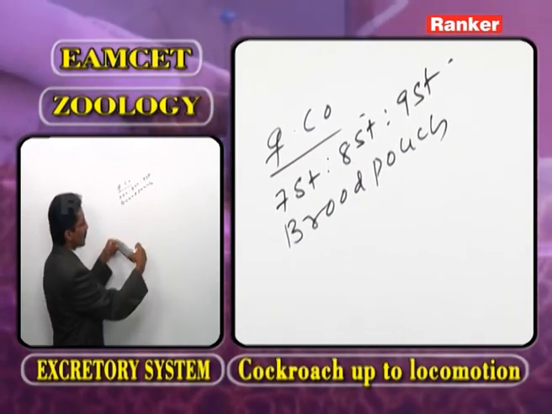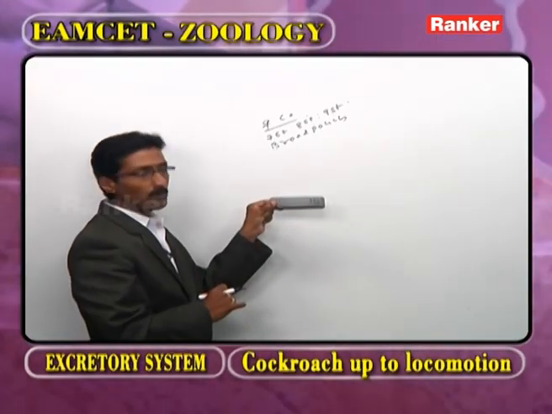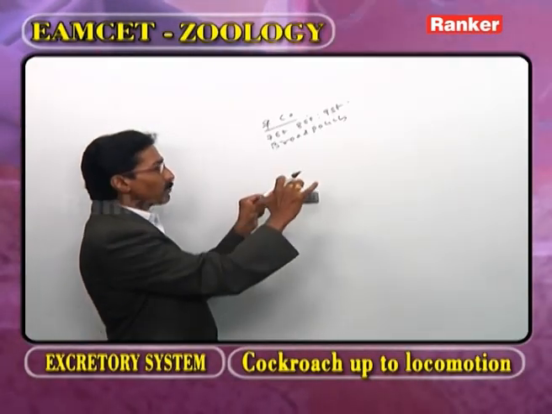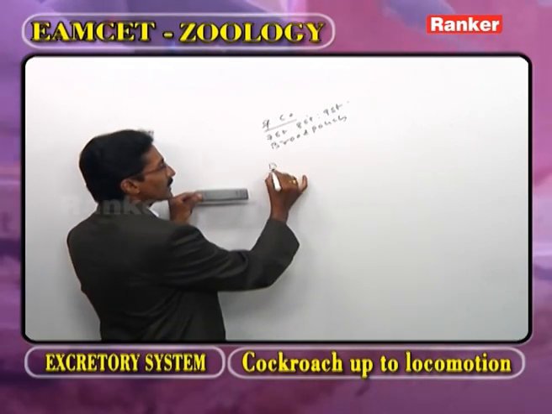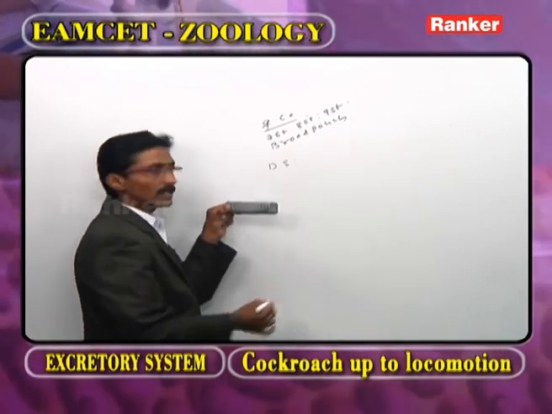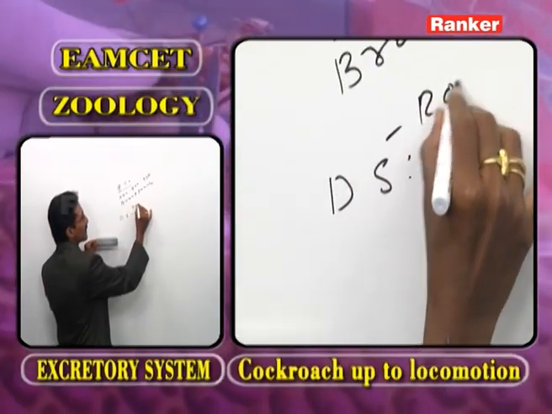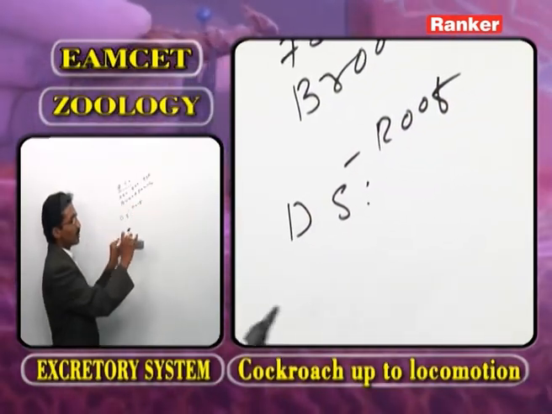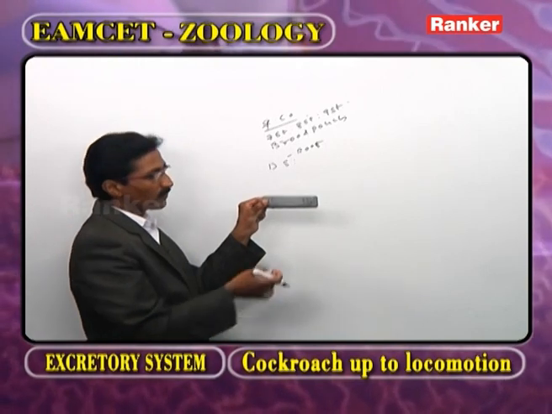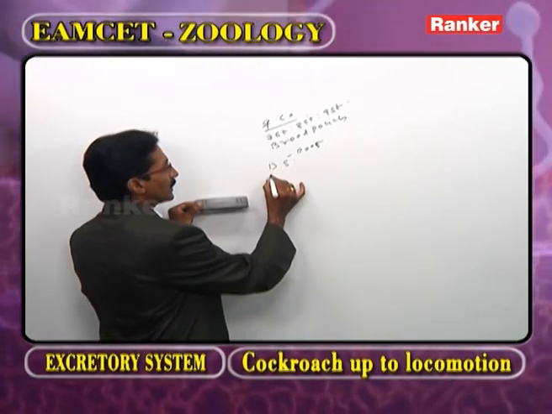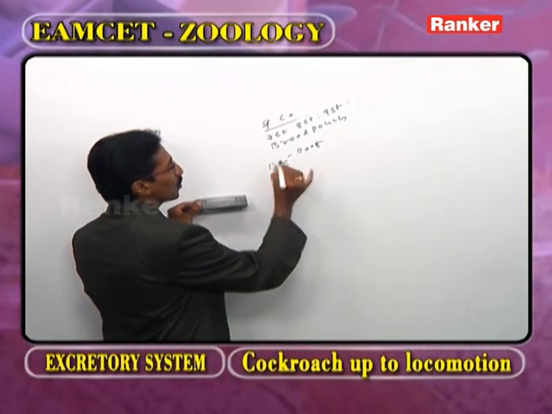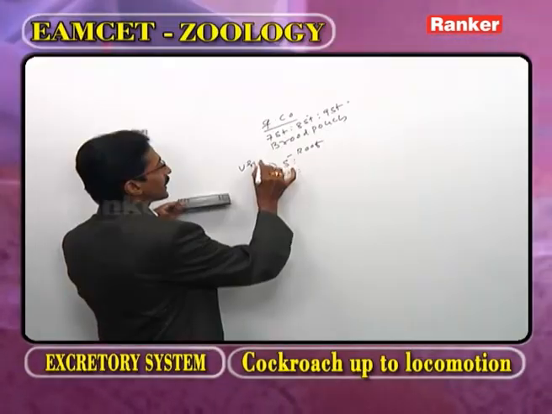Now, as we observe, this is the brood pouch. This is the dorsal side. What is the other name of dorsal side? The roof. Now, this is the floor or ventral side.